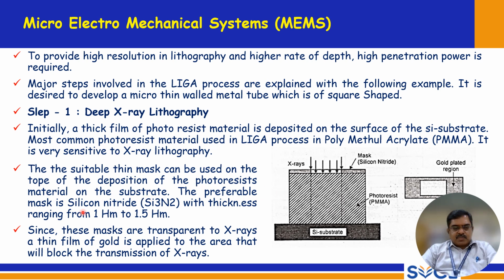The preferable mask is silicon nitride, with a thickness ranging from 1 micrometer to 1.5 micrometer. Since these masks are transparent to X-rays, a thin film of gold is applied to the area that will block the transmission of X-rays. So gold will stop the X-rays from passing through it.